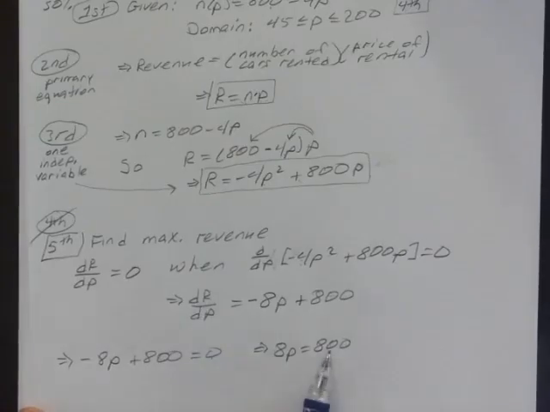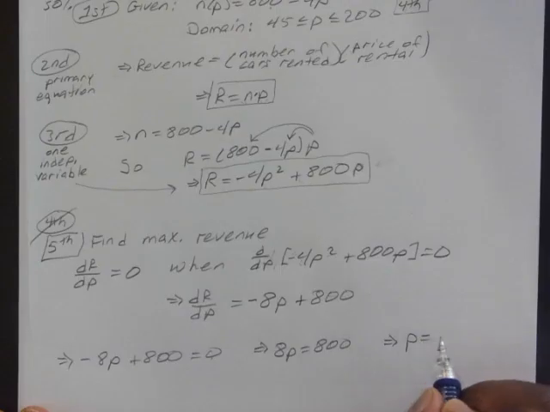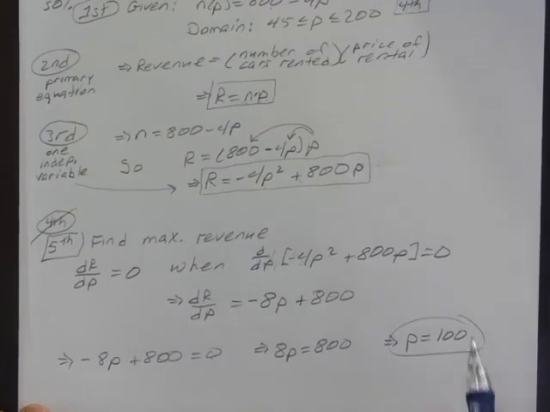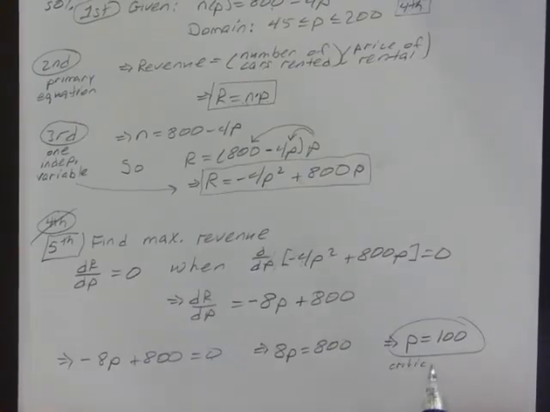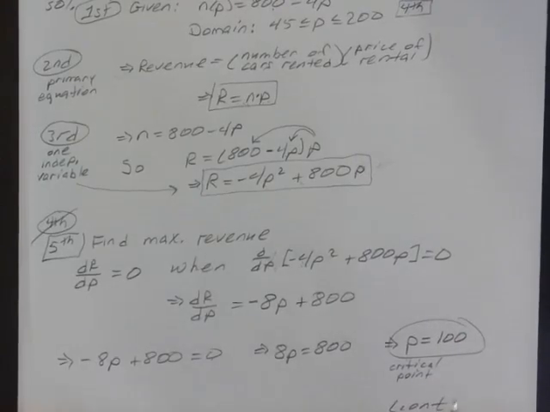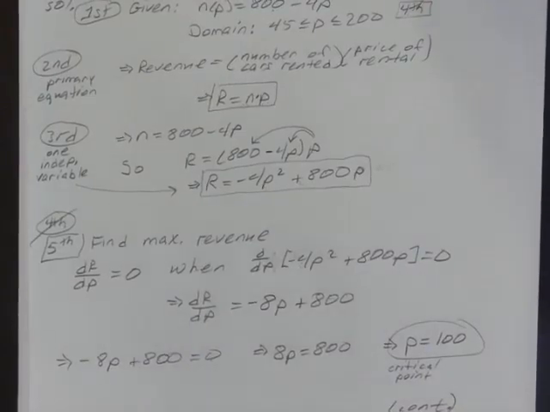So if we divide both sides by 8, that gives us a price that is $100. Remember, that is our critical point. And we'll finish this up on the next page.